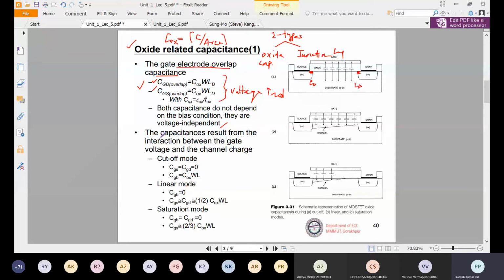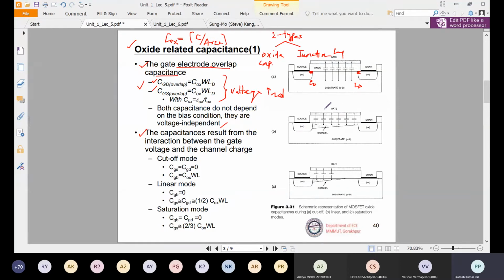The next capacitance that we should consider is the capacitance that results from the interaction between gate voltage and the channel charge. In the oxide related capacitance, the first capacitance was because of the gate electrode overlap. The second type is the capacitance formed because of gate voltage and the channel charge.